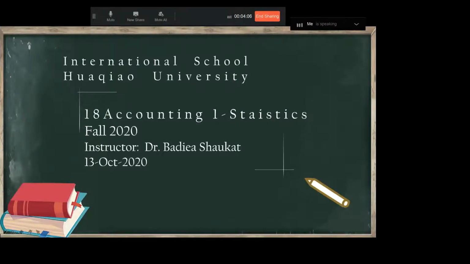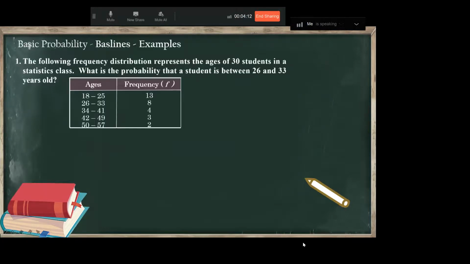Okay, last time we started the basic probability. We did the basic probability and learned some key concepts about finding different kinds of probability and probability distribution.